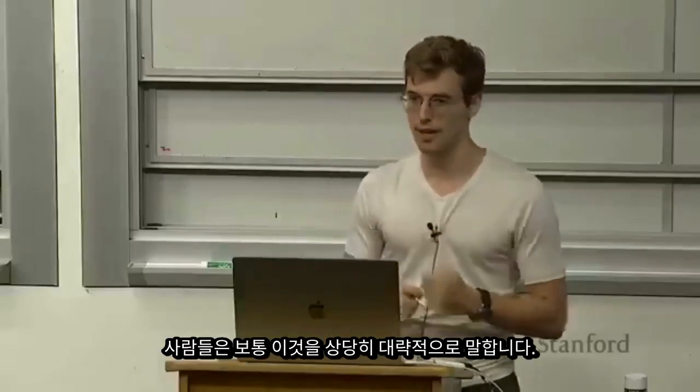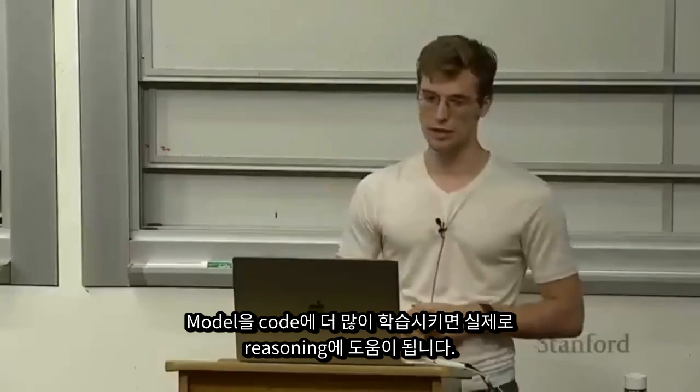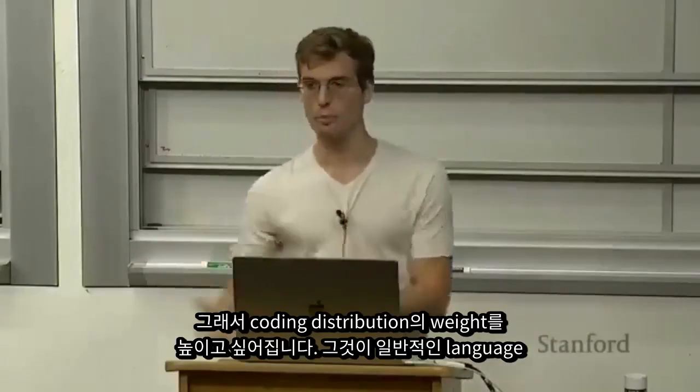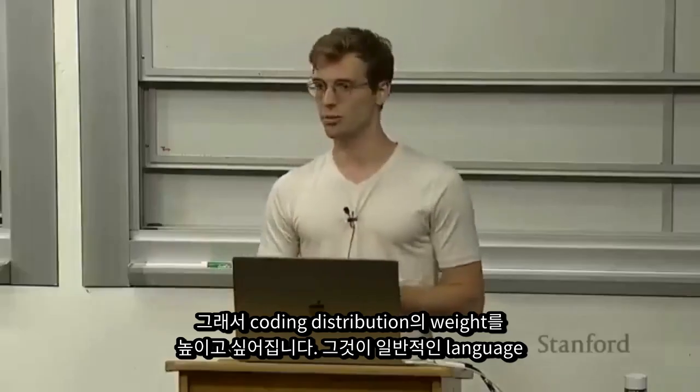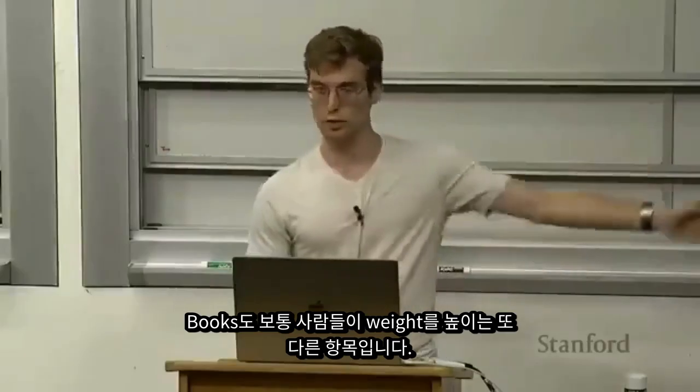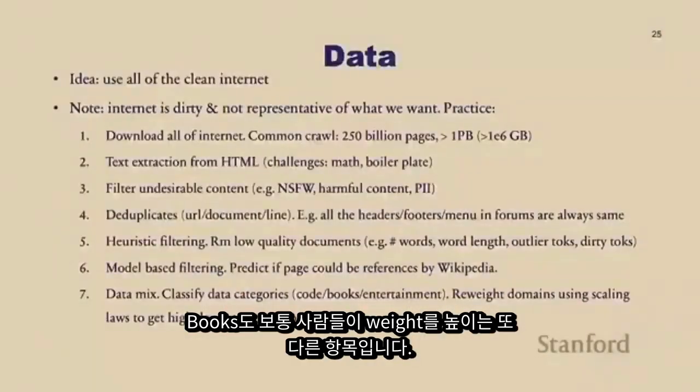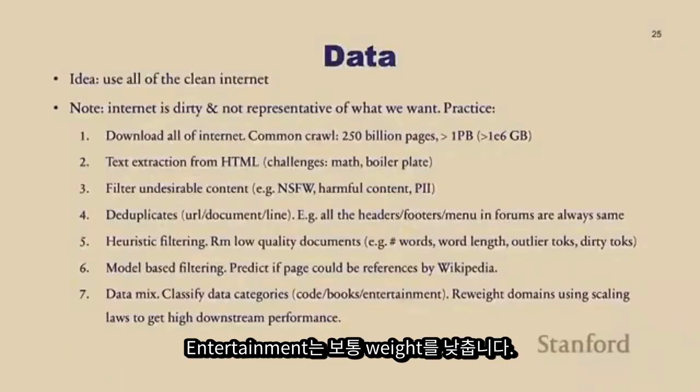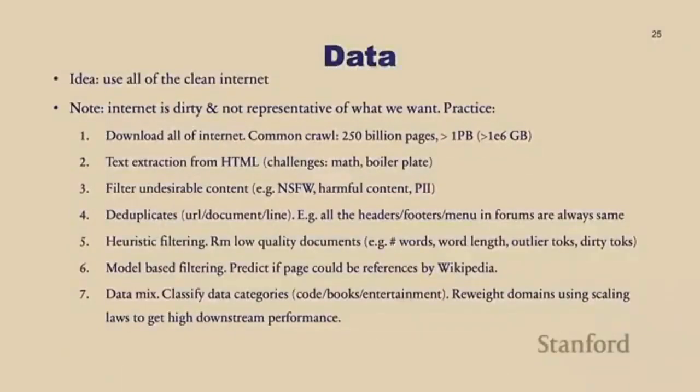That's something that people usually say in a very hand-wavy way: if you train your model more on code, it helps reasoning. So you want to upweight the coding distribution because that helps for general language modeling skills. Books is usually another one that people upweight. Entertainment, they usually downweight. So things like this.